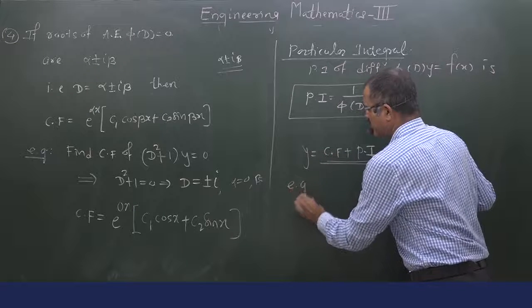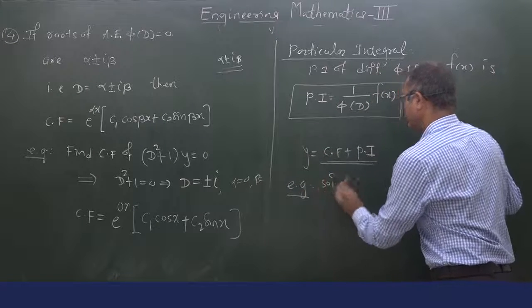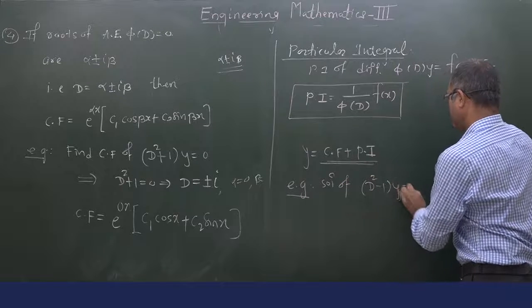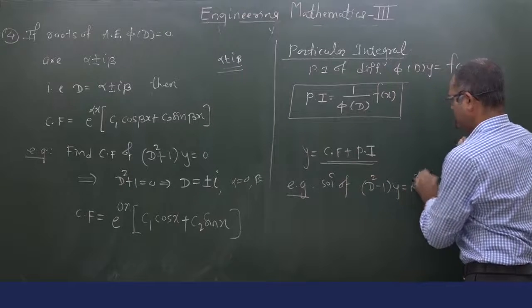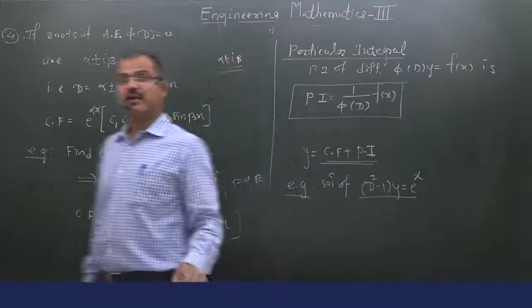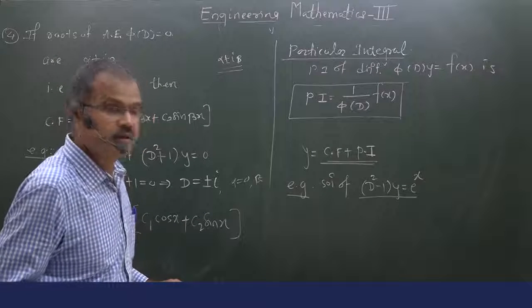For example, if you want to calculate the solution of the differential equation D square minus 1 y is equal to f of x, which is e raised to x.